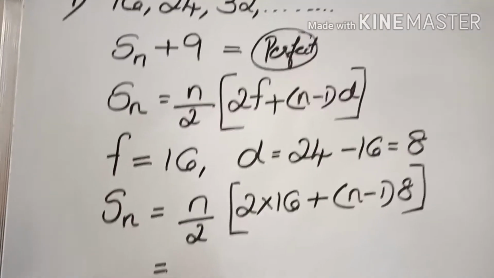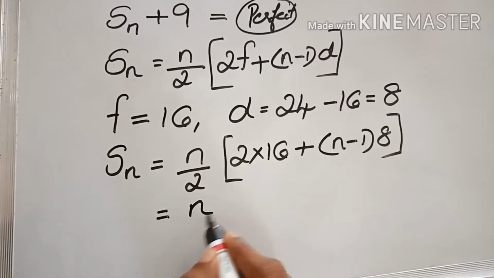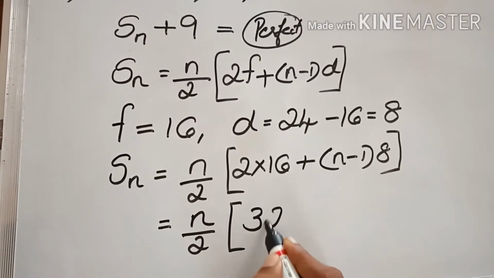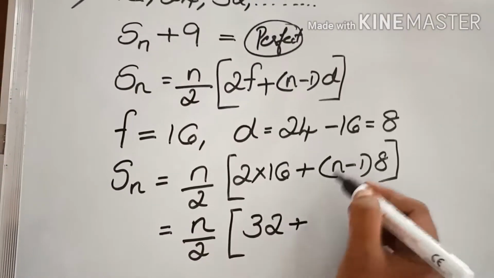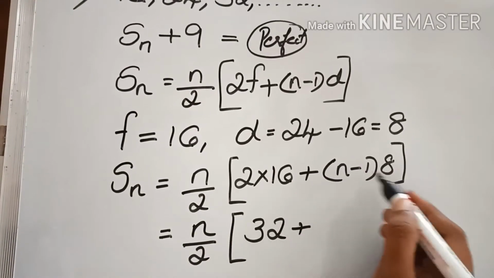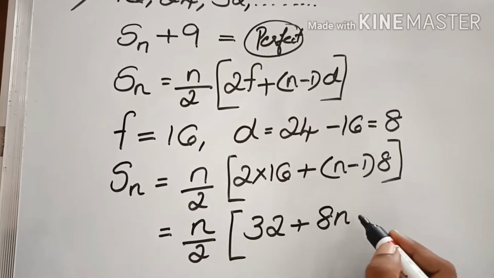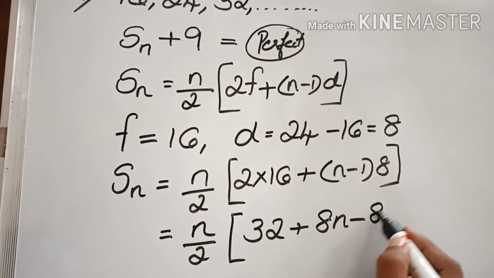Now in the next step, n by 2 into 2 into 16, that is 32, plus, open the bracket, n into 8 is 8n minus 1 into 8, 8.